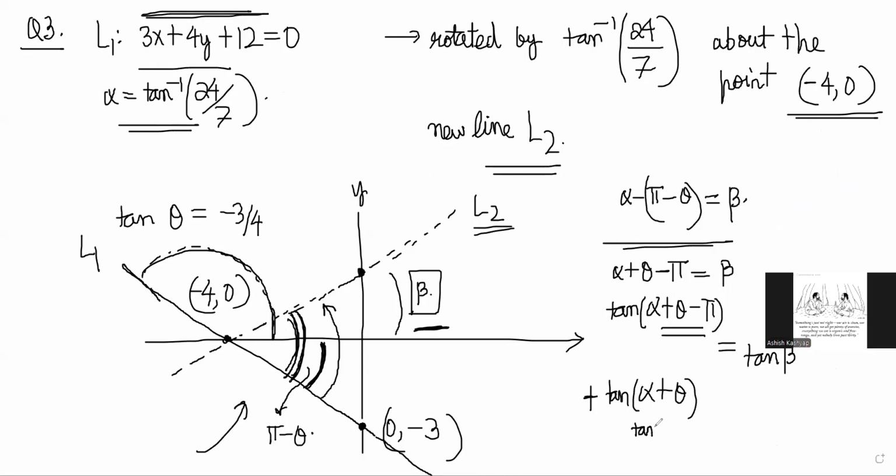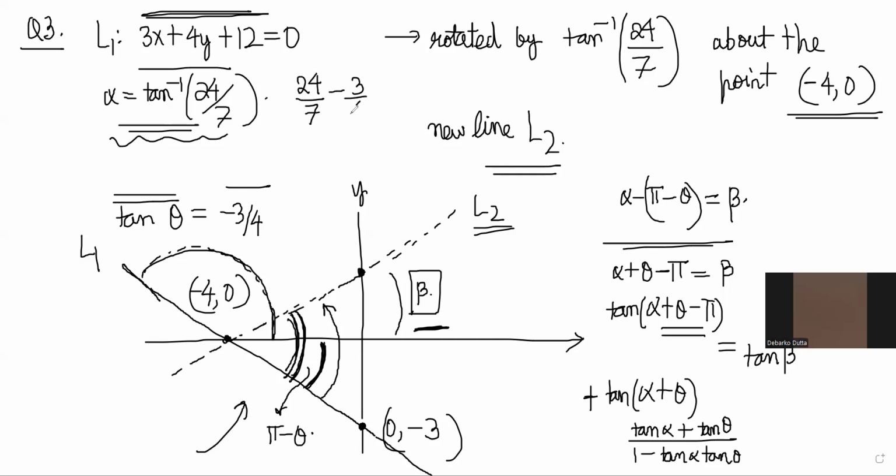It is simply tan alpha plus tan theta by 1 minus tan alpha tan theta. Correct? Yes, sir. I already know tan alpha is 24/7. I already know tan theta is minus 3/4. Right? Yes. Divided by 1 minus minus, so plus 24/7 into 3/4.